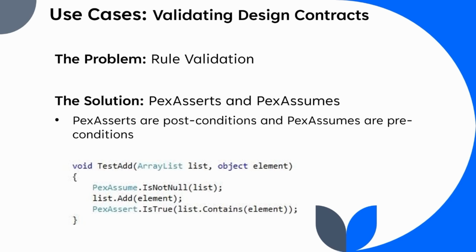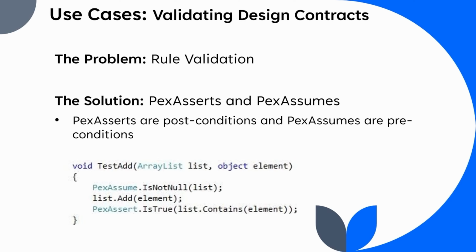And then our third and last one, it validates design contracts. So the problem is that in code or in business, you may be given specific rules. So, for example, if you're running a specific method, you know that the user is going to be logged in.